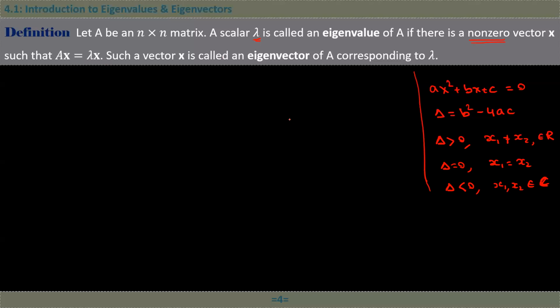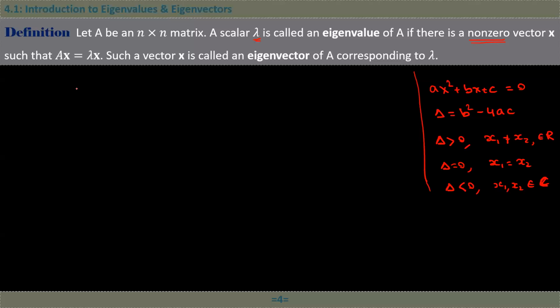Such a vector is called an eigenvector of A corresponding to lambda. This is the eigenvalue problem, and as I said, it's one of the most central problems in linear algebra, and it has applications throughout mathematics and in many other fields as well.